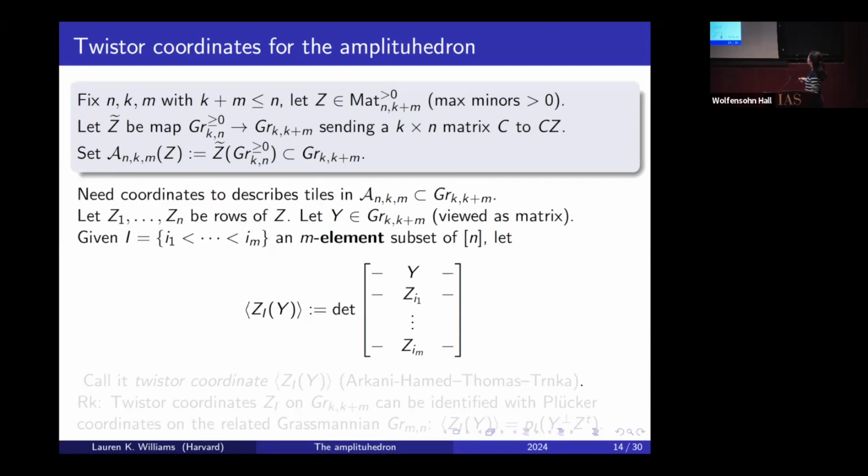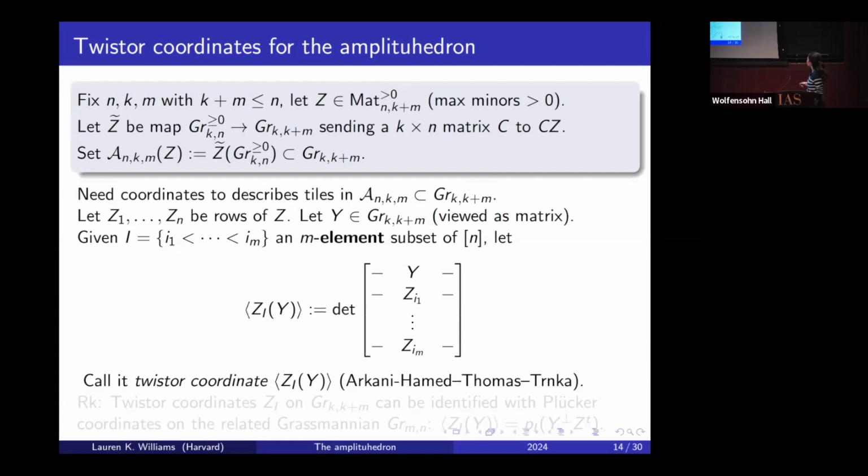Take y, that's a k by k plus m matrix, and now let's take the rows of Z corresponding to this m-element subset and stack them below y. So now we have a k plus m by k plus m matrix, and we can take the determinant. And that's called the twistor coordinate.